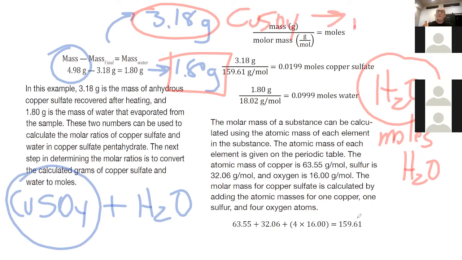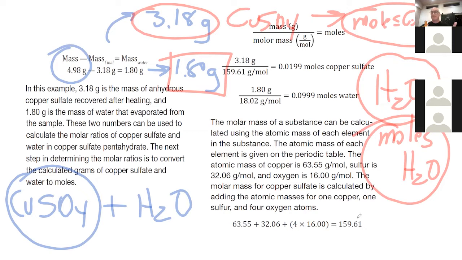And we figure out how many moles of copper sulfate that is based on the molar mass of copper sulfate. So what we're looking for is the ratio of the moles of copper sulfate to the moles of water. And that's what the formula is.